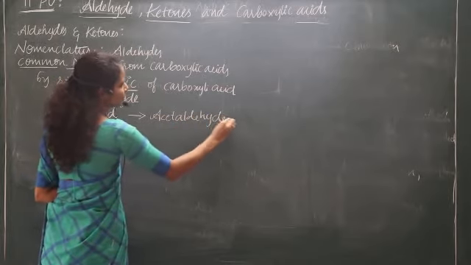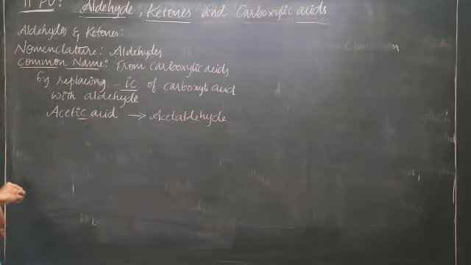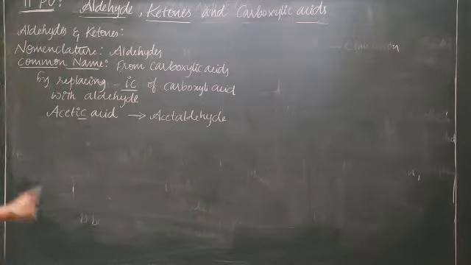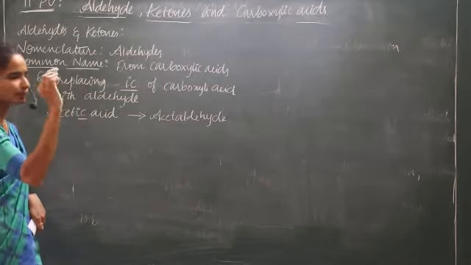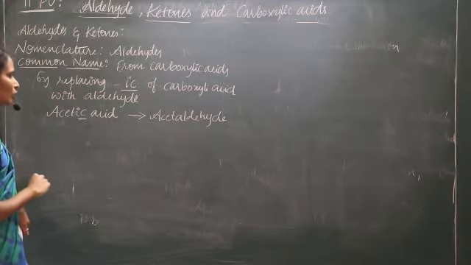Hope it is clear for you, right? Acetic acid to acetaldehyde. Or benzoic acid, where we replace oic by aldehyde. Or formic acid, ic by aldehyde. This is about the common name from a carboxylic acid.